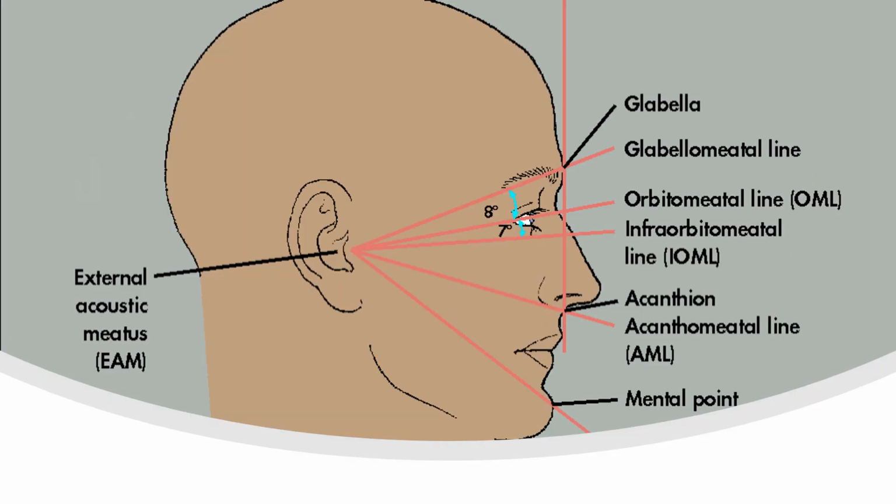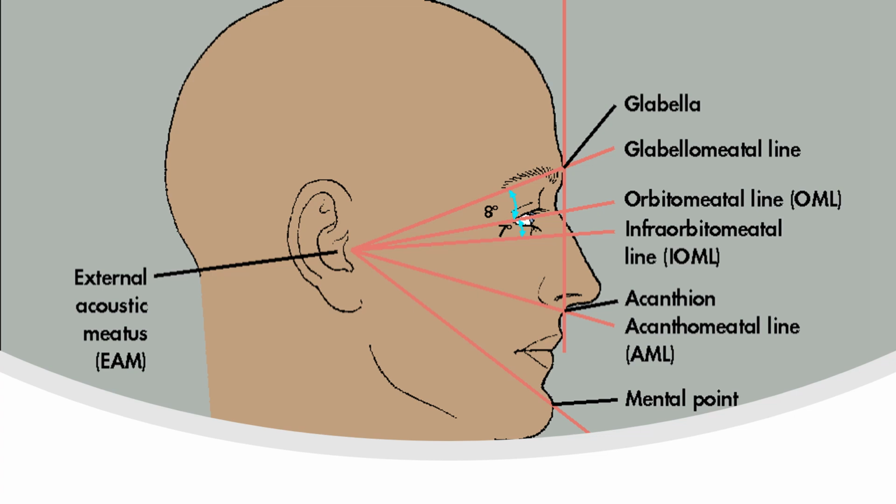And then from the lateral perspective of the head, the external acoustic meatus or auditory meatus, the hole in your ear, connects with those various anterior landmarks to form several topographic lines. The most superior of which is the glabellomeatal line.